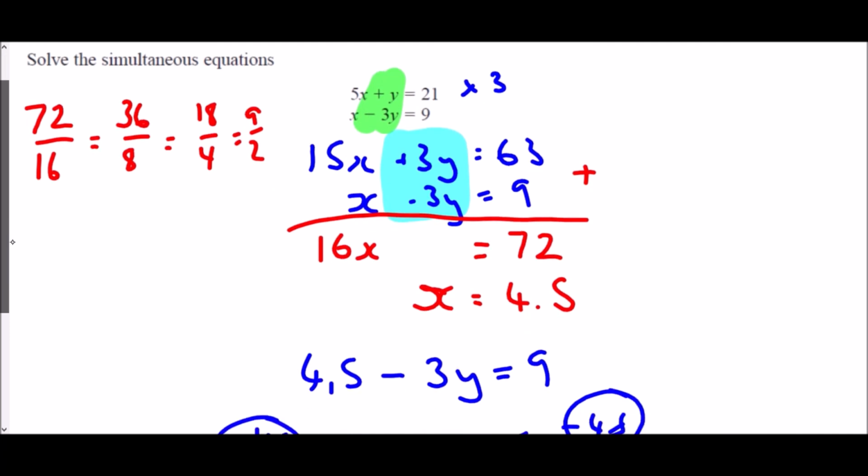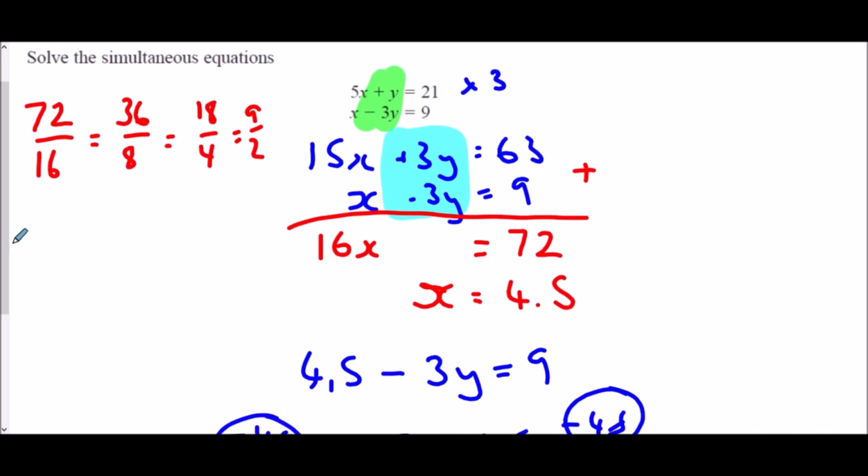We just need to check that that definitely works. This isn't worth any marks in the exam, but it does make sure that you definitely get the right answer. So 5 lots of 4.5 plus 1 lot of negative 1.5.